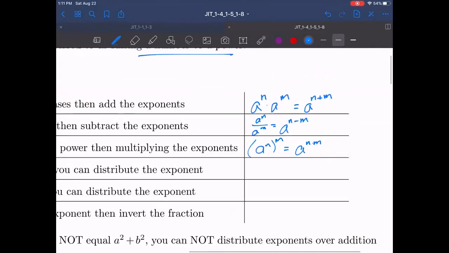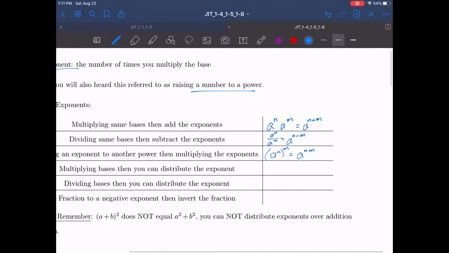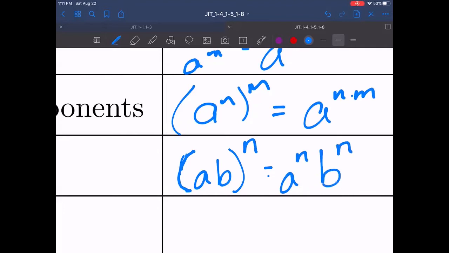If I'm multiplying bases, then I can distribute the exponent. So if I've got a times b to the n, I can distribute my exponent, and it'd be a to the n times b to the n.